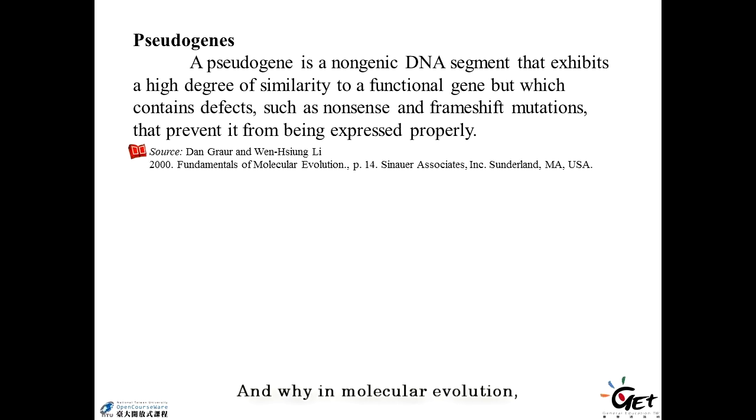And why in molecular evolution are people really concerned about pseudogenes, or why are we interested in pseudogenes? It's because once the gene becomes non-functional, then we think this gene is not subject to natural selection, and we can use that as a sort of null model to analyze the sequence variation.